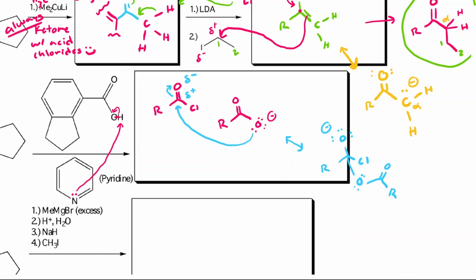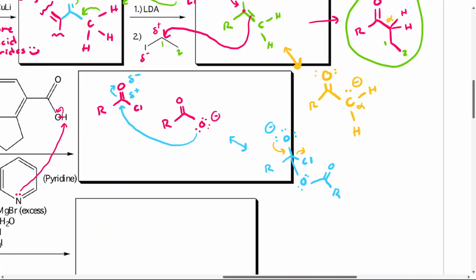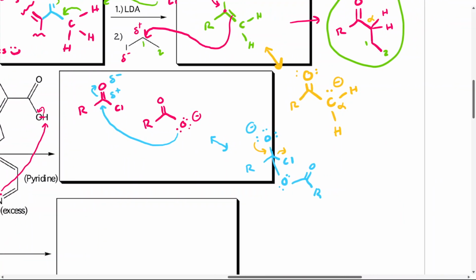So what's going to happen next is the oxygen is going to push down a pair of electrons to reform the carbonyl. This is going to kick out the chloride. And then we get this other final molecule.